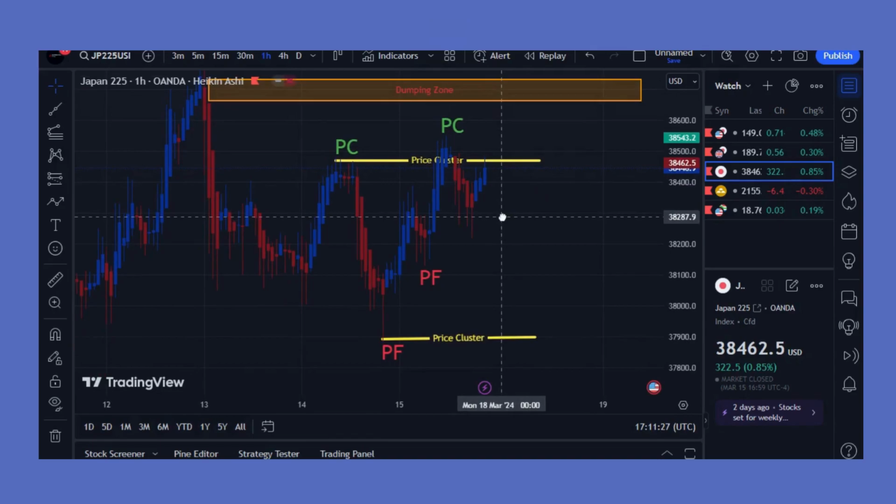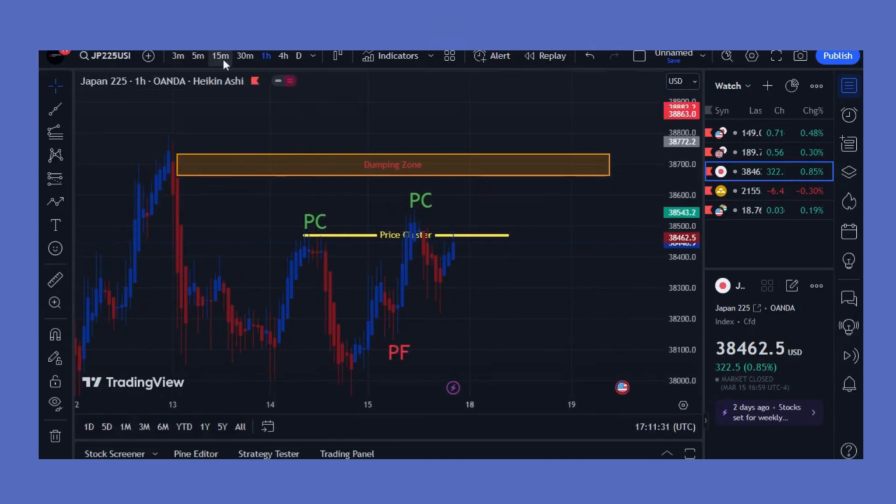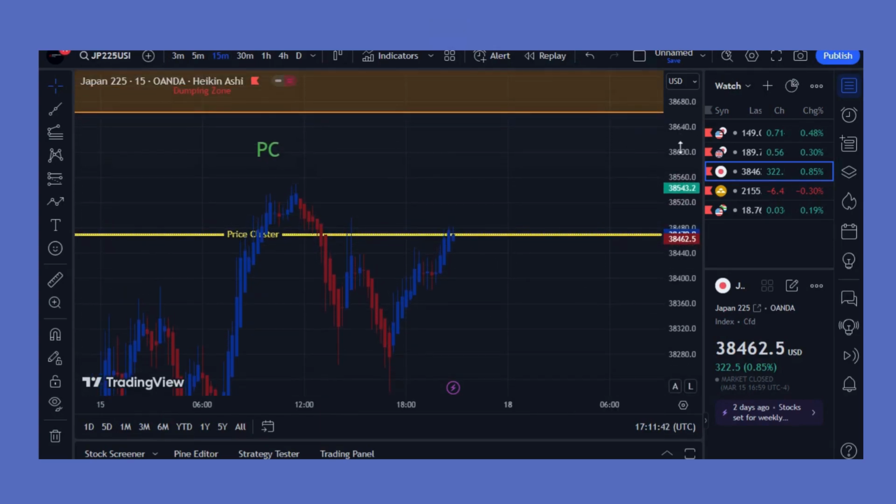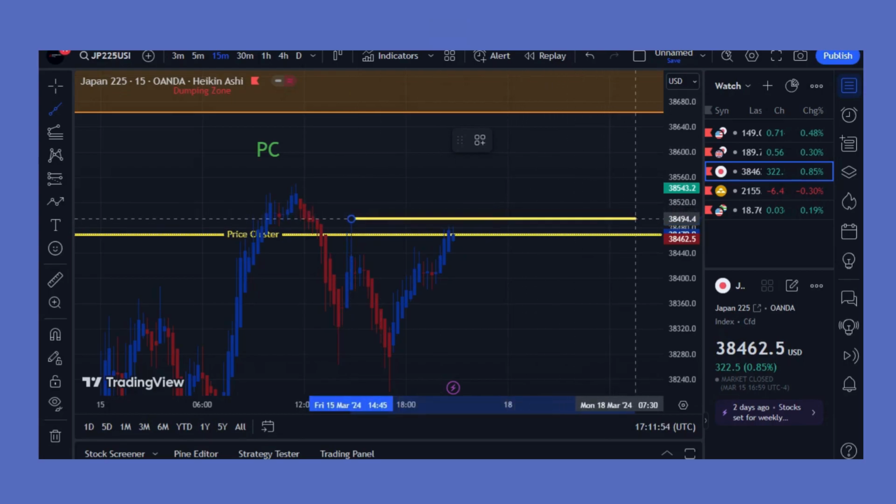So next thing is to look for my entry levels. Going down to the 15-minute time frame, looking for my entry level. As you can see, this pair already gave us something somewhere here.